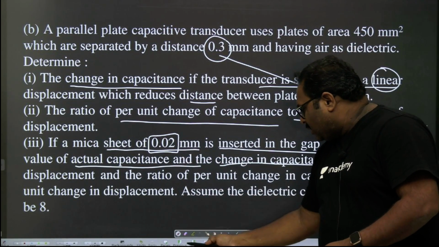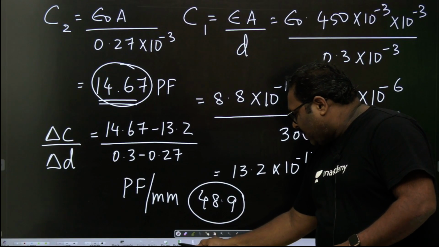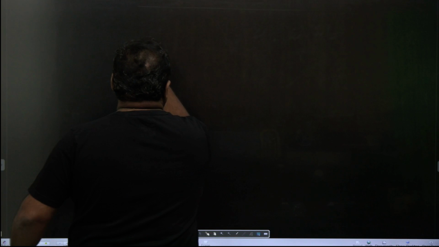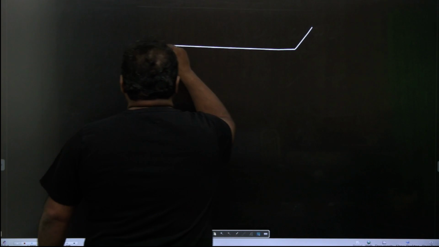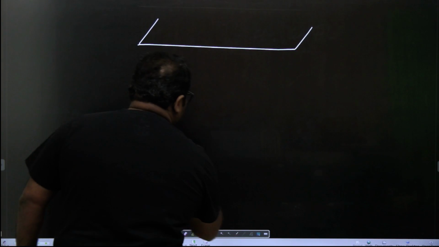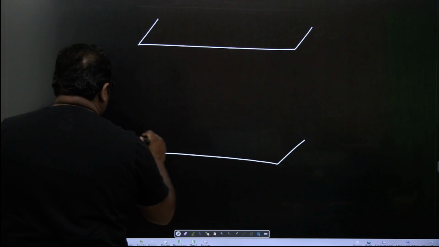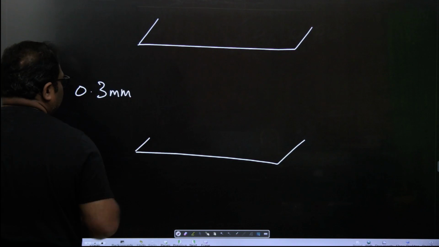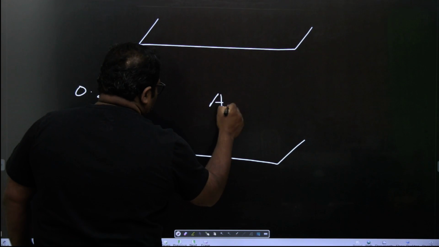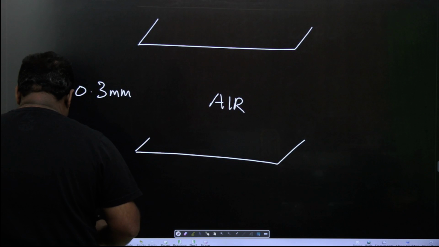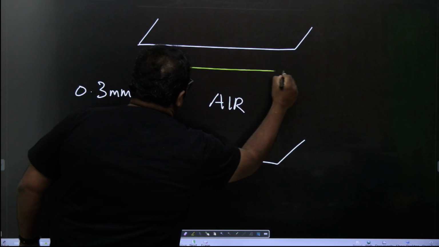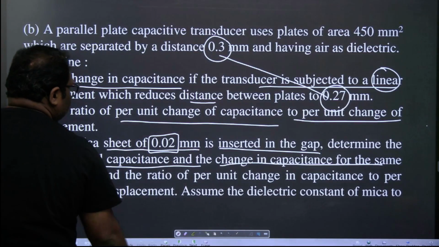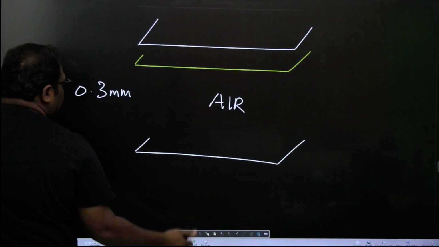When you put a mica like this, the meaning of the question is, this being the capacitor of 0.3 mm of air, you are now putting there a mica of 0.02 mm.